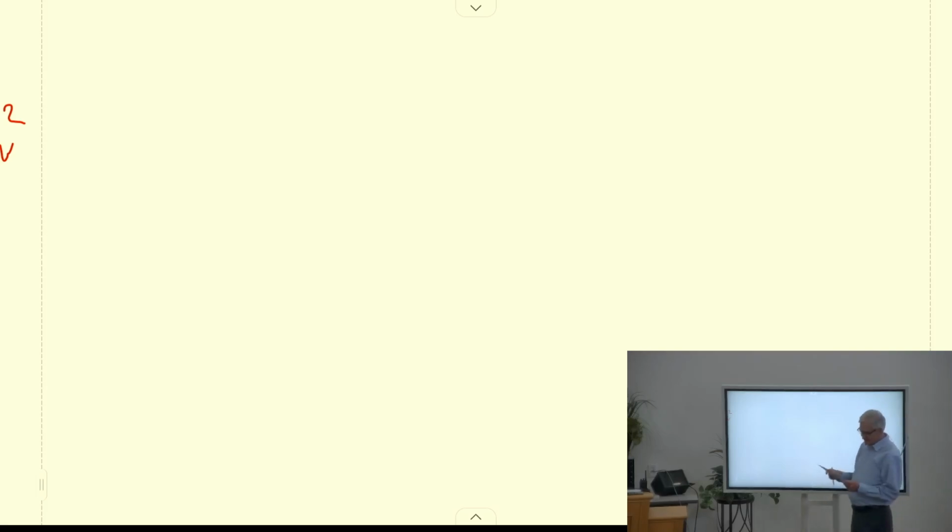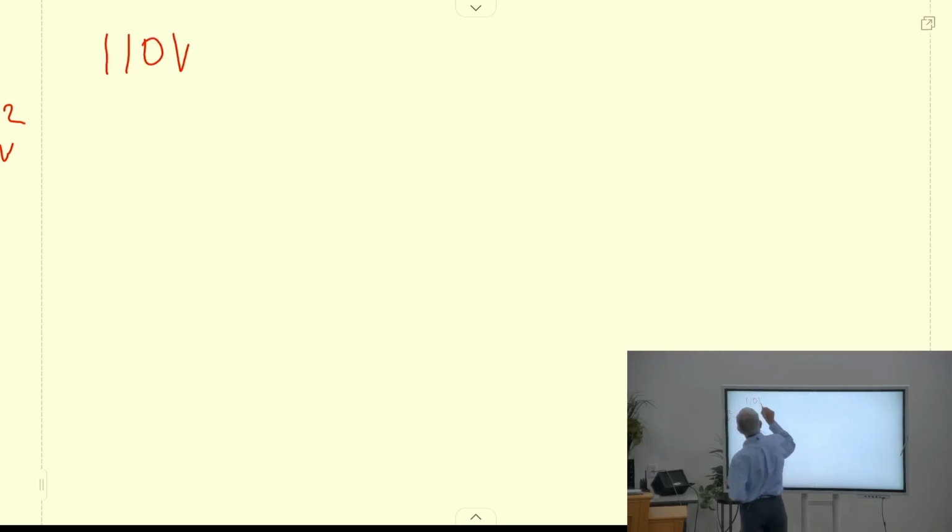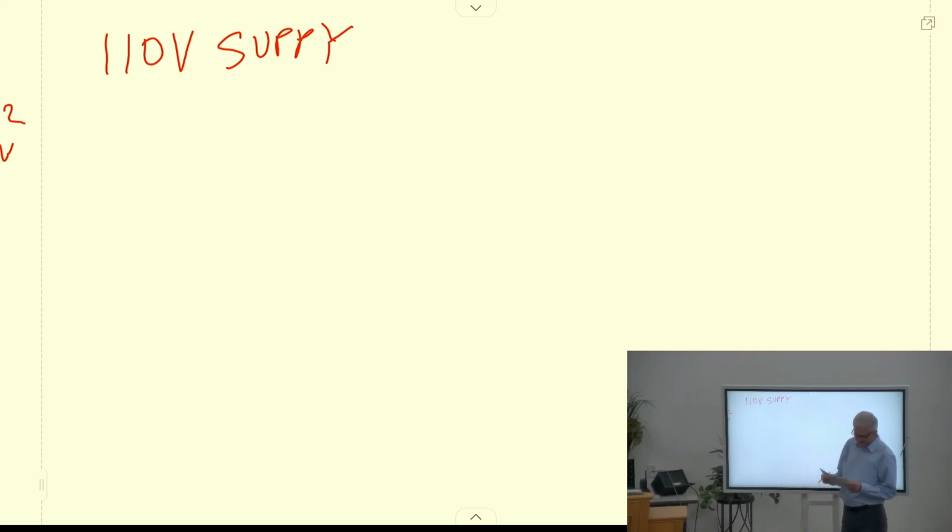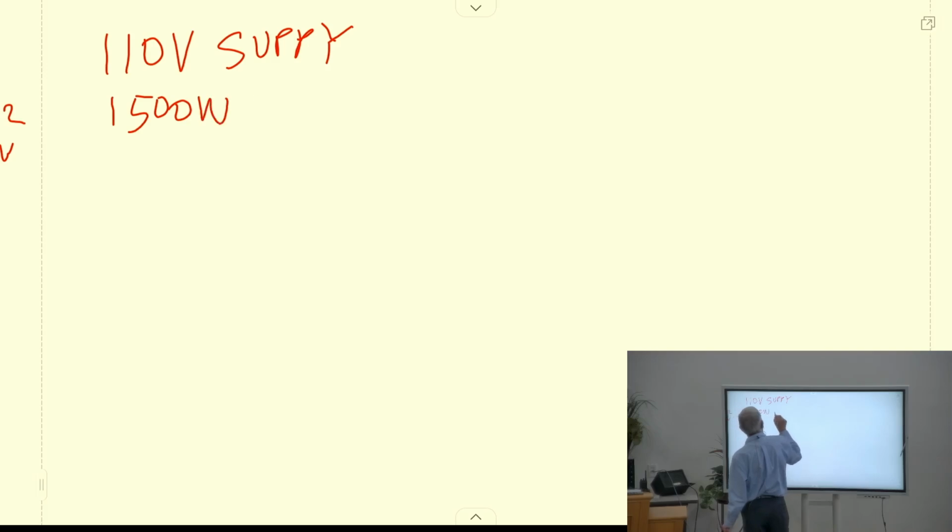We're designing a space heater, and we have a 110 volt supply as our power source, and we want our space heater to generate 1,500 watts of heat.